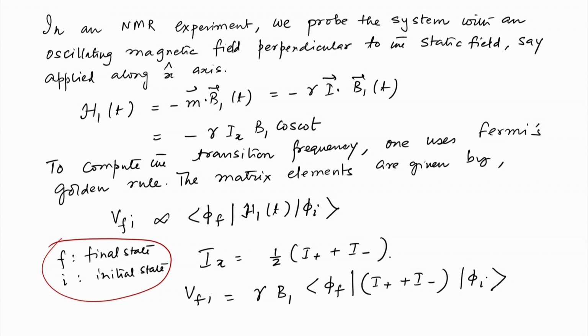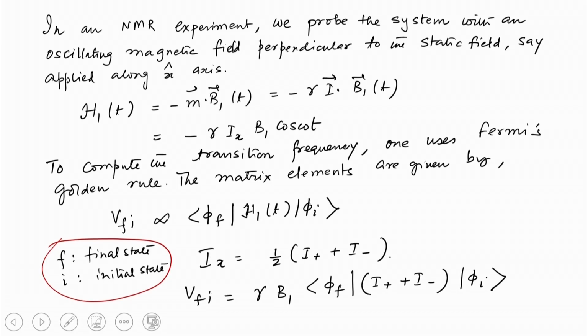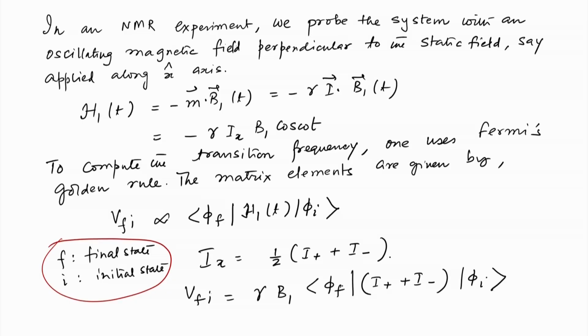So, that is the matrix element that we want to compute. Now, you note that the integral is only non-zero when phi f and phi i are magnetically different, which means that their quantum numbers differ by 1 unit, because otherwise there will be no overlap between phi f and I plus phi i, or I minus phi i.